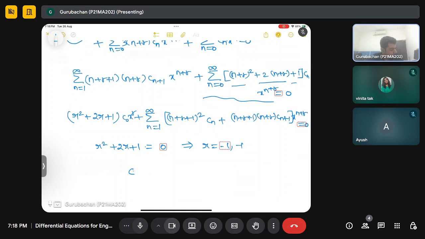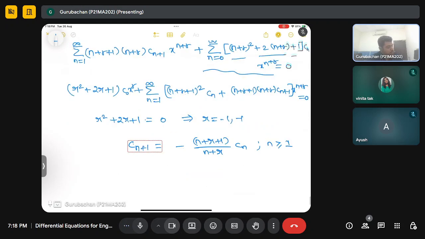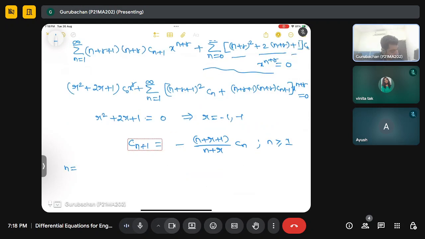And your recurrence relation will be cn plus 1 equal to minus (n plus r plus 1) divided by (n plus r) into cn for n greater than or equal to 1. So this is our recurrence relation. So for n equal to 1, we will get c2 as minus (r plus 2) divided by (r plus 1) c1.